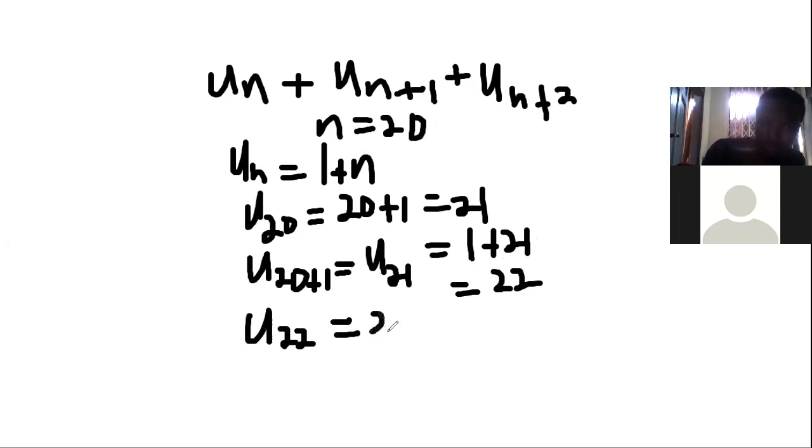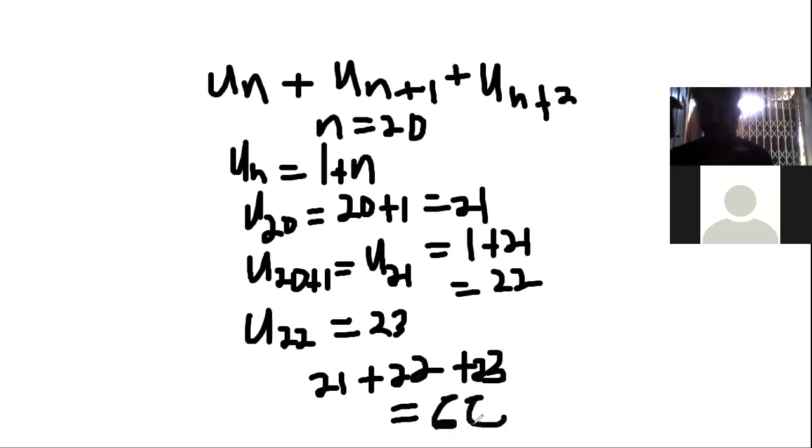So we are going to get 23. Now when you finish, you add all to get the final answer. So we are going to get 21 plus 22 plus 23. That will give us 66.